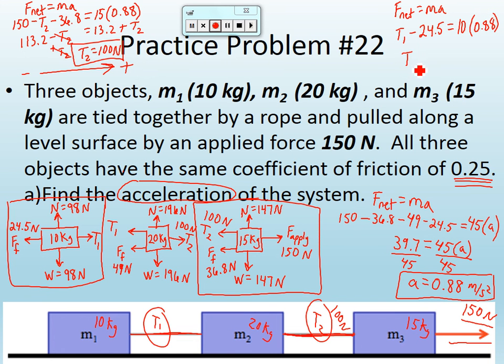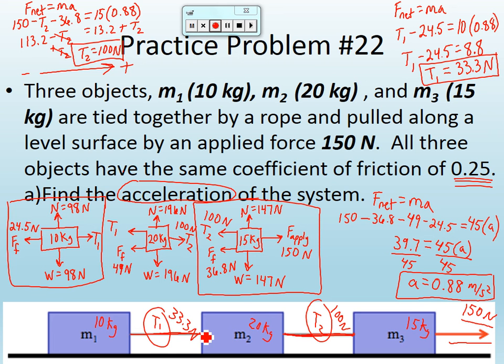So let's simplify it. T1 minus 24.5 is equal to 8.8. So that means T1 has got to be equal, if we add 24.5 to both sides, and that's 33.3 newtons. Okay, so T1 is 33.3 newtons.